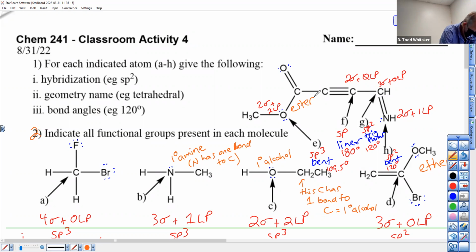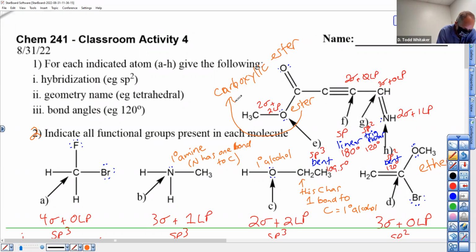You can say carboxylic ester. There are many types of esters, but when it's a C double bond to O in the ester, it's a carboxylic ester. But if you leave out the carboxylic, it's understood to be a carboxylic ester. Are we clear? So just make sure you know. Ester's fine.